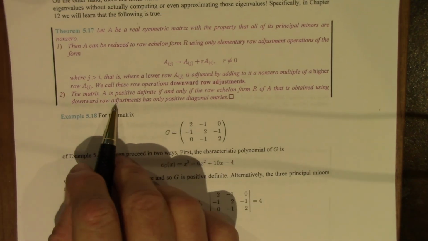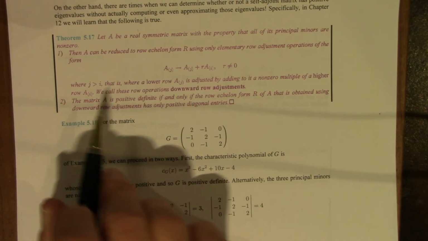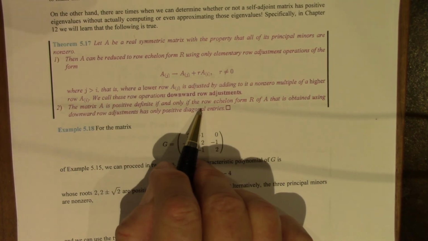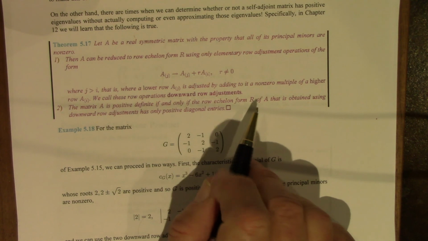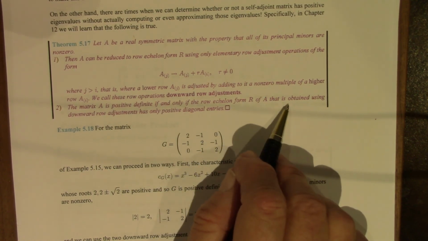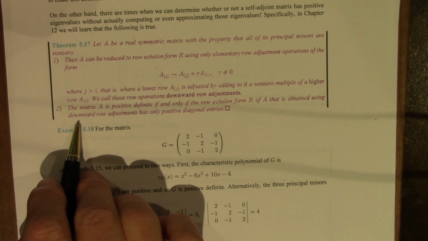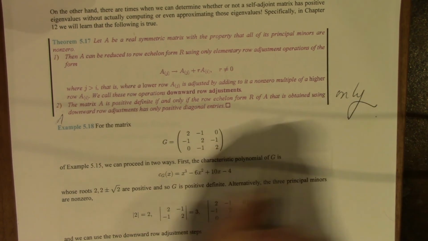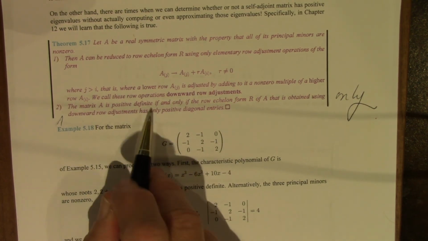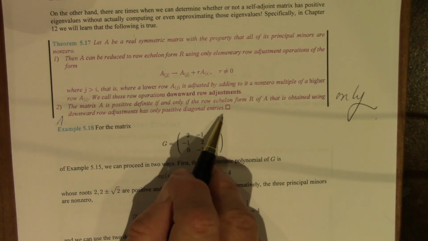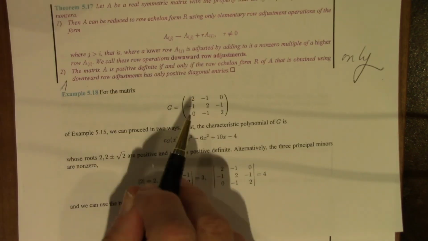Now here's the point of this. The matrix A is positive definite if and only if the row echelon form of A that is obtained using, I think I should say only, downward row adjustments has only positive diagonal entries. Example.